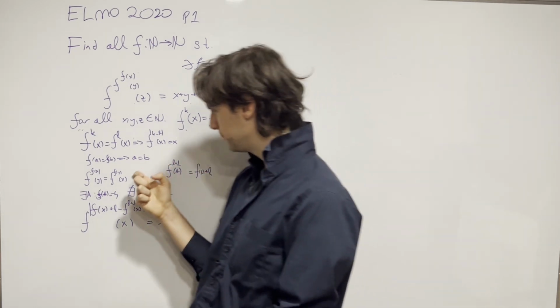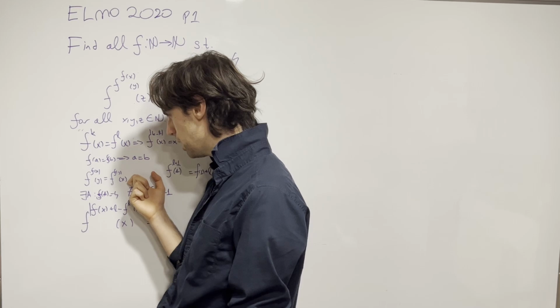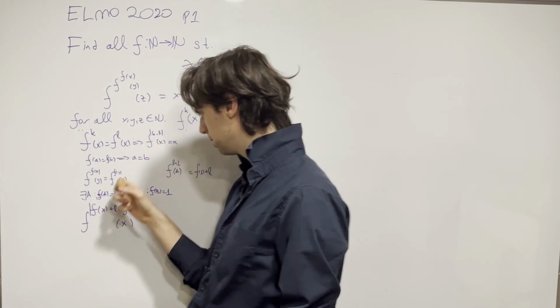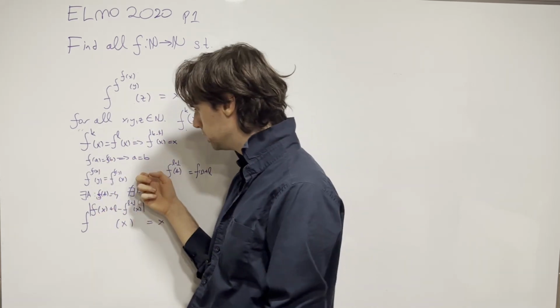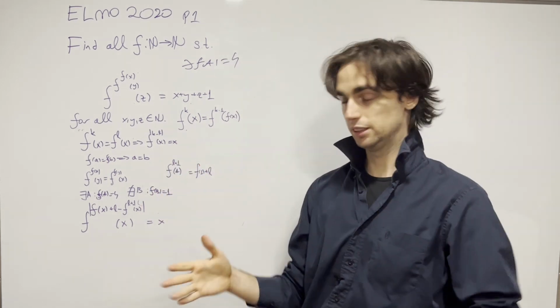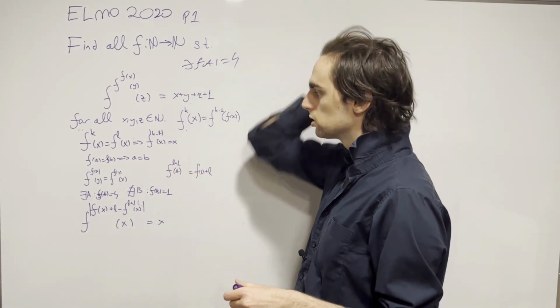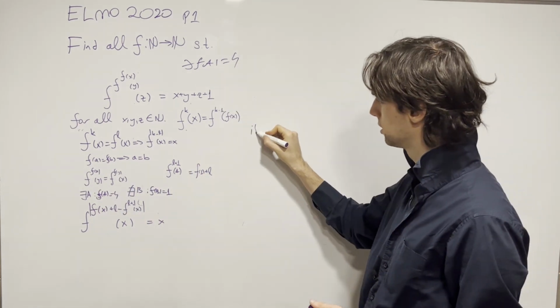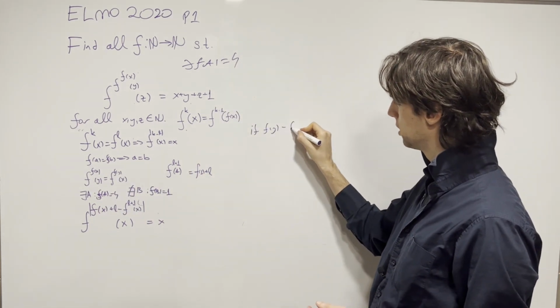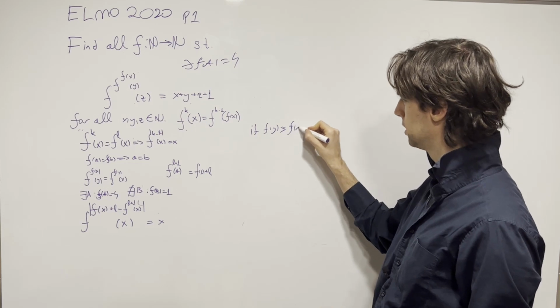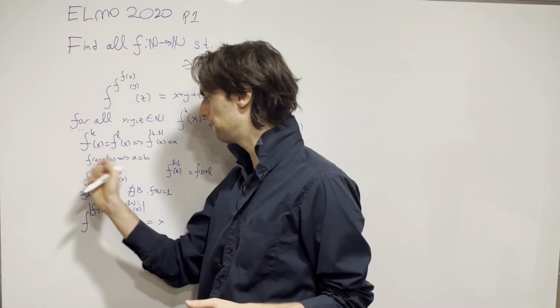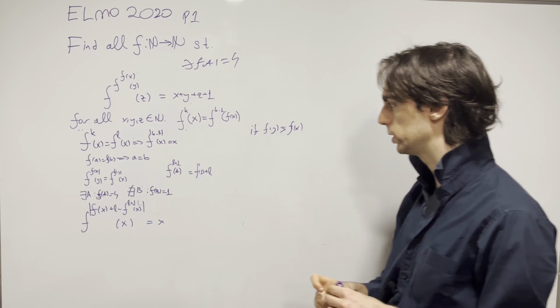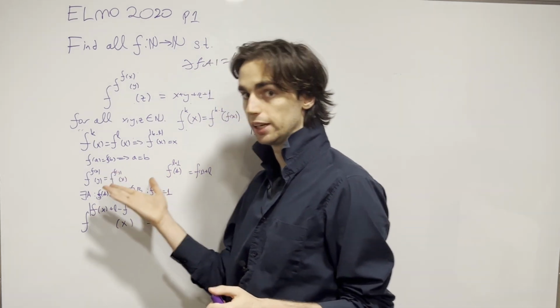But I saw, wait a second, we didn't use really much about this injection thing over here. Why don't we use this fact here? There's a lot of f's here. So now we have if f of y is greater than f of x, then we'll be able to apply the f all up until the moment that we reach a 0 here.